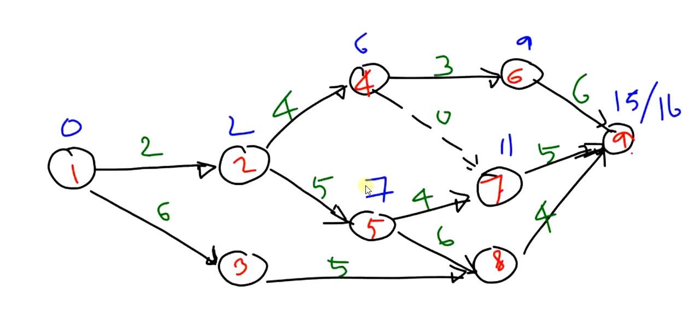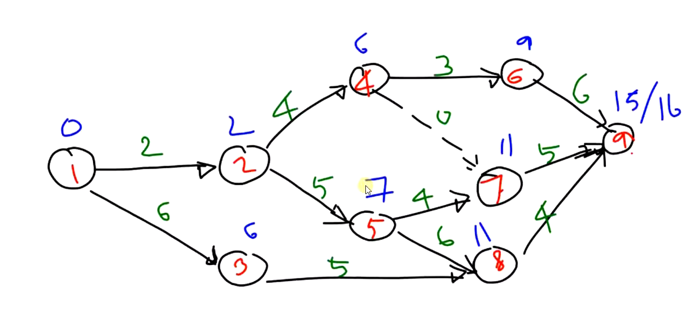Then we will consider the other path, that is 1, 3, 8, 9. For 3 we have 0 plus 6, it will be 6. Then for 8, we have 6 plus 5 equal to 11.